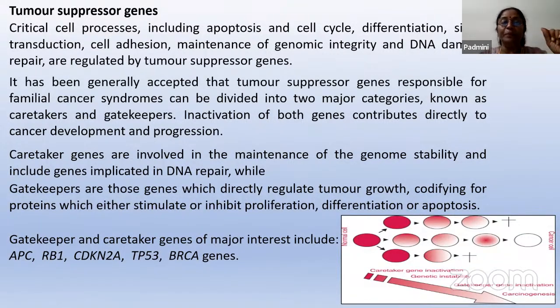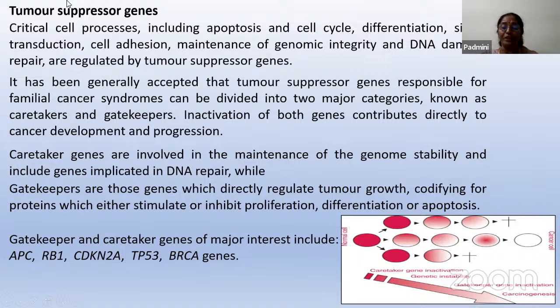Caretakers handle DNA repair. Gatekeepers take care of proliferation of the cells and differentiation or apoptosis. The major genes which include the gatekeepers and caretakers are APC, RB1, CDKN2A, TP53, and BRCA genes.